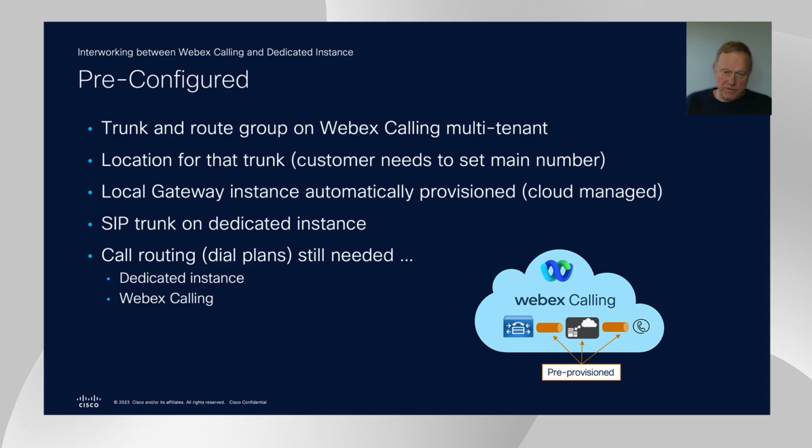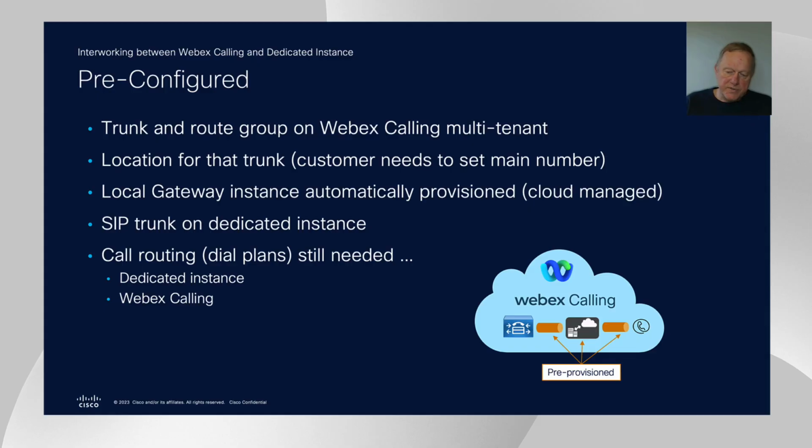The actual local gateway instance that is used for this interconnection is also automatically provisioned, and it's cloud managed, running in the Cisco data center as well. And the SIP trunk on Communications Manager on the Webex Calling Dedicated Instance is also pre-provisioned.